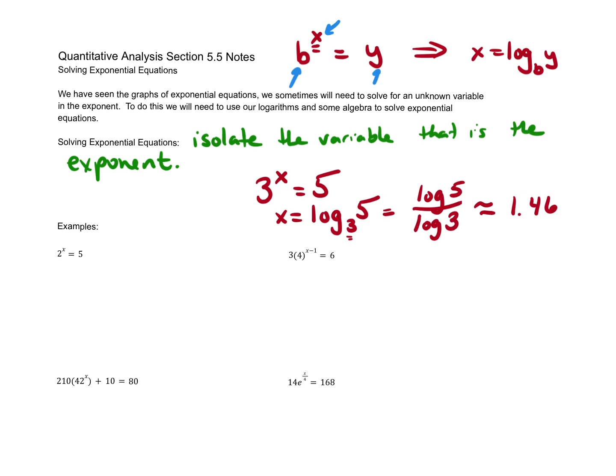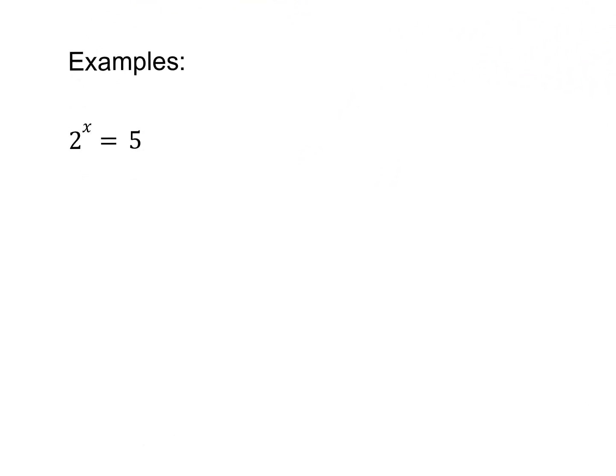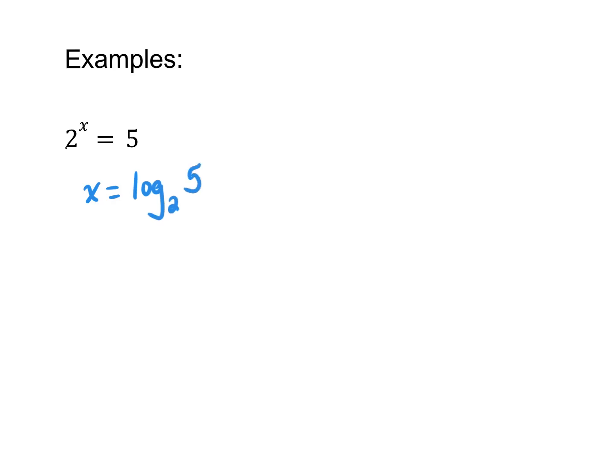So let's look at some examples of how we will isolate this variable. This first one says 2^x equals 5. This is our exponential equation we're trying to solve. Is it a base to a power equals a number? Absolutely. So I can pretty much directly switch this to log. This would be x equals log base 2 of 5.